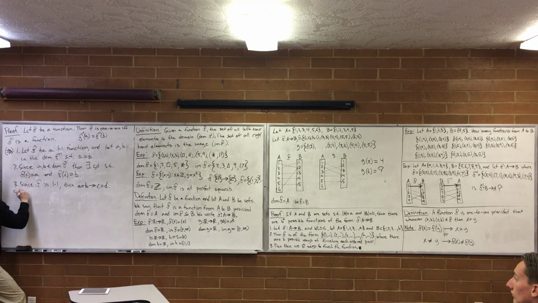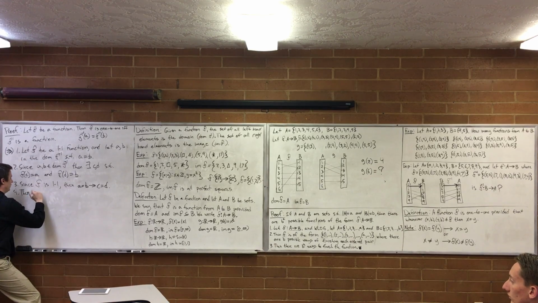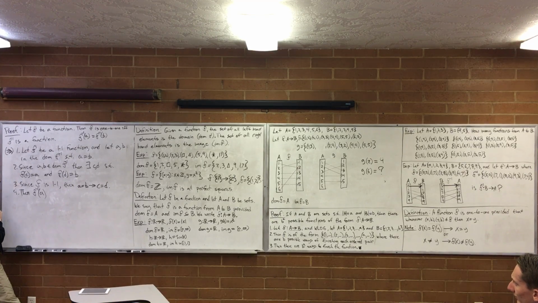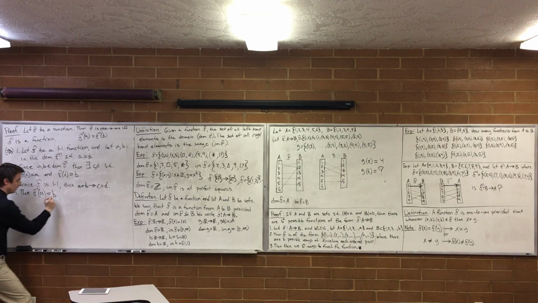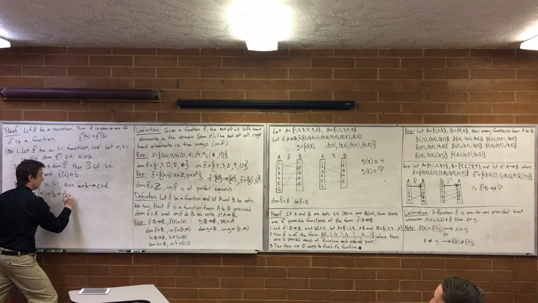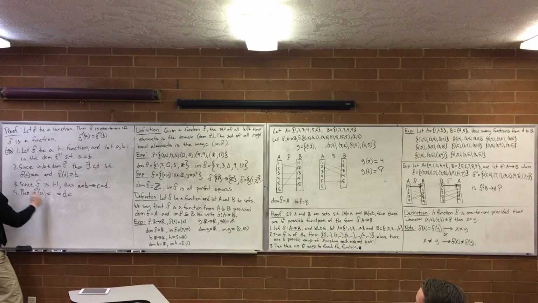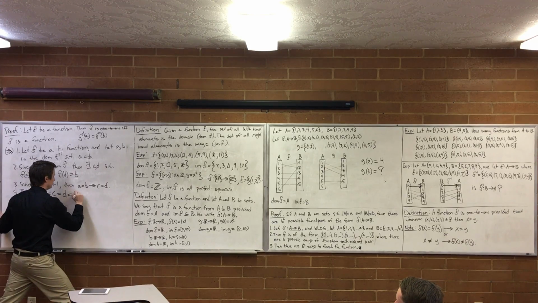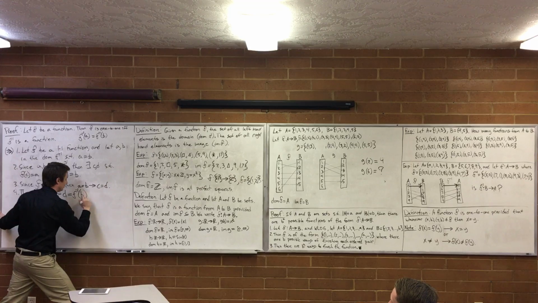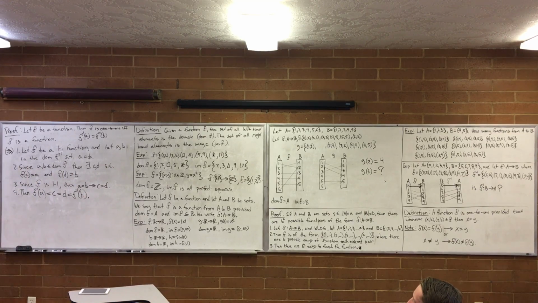Right. f inverse of A, what is f inverse of A? C is equal to D, is equal to f inverse of B. How do you know C is equal to D?